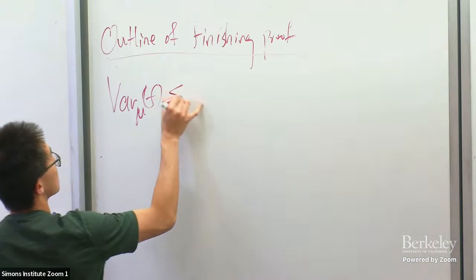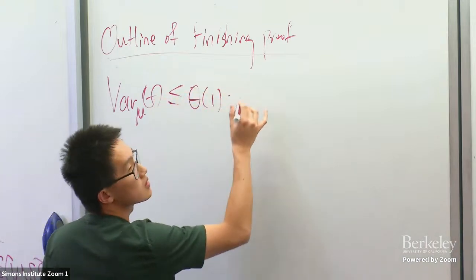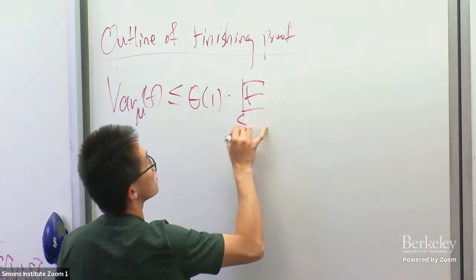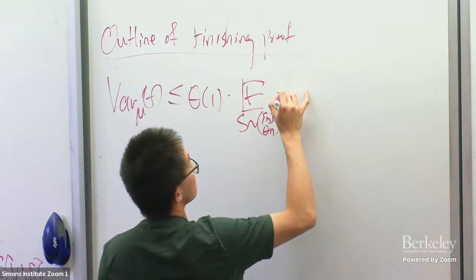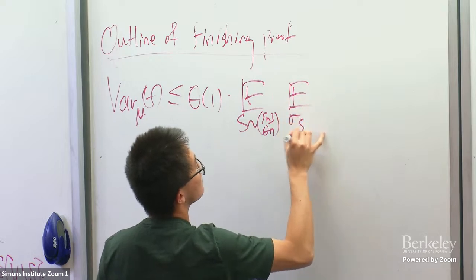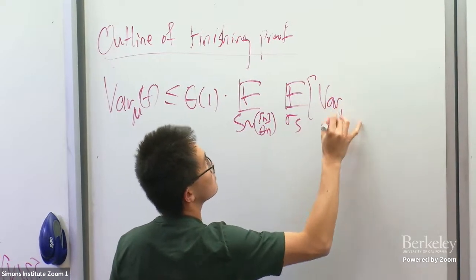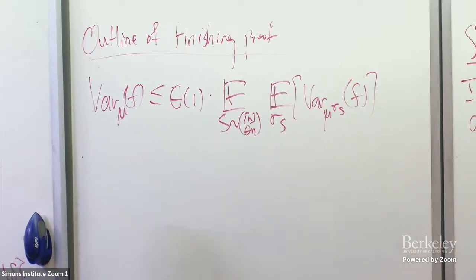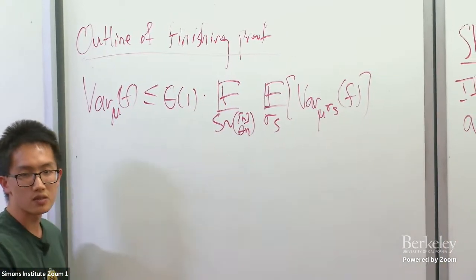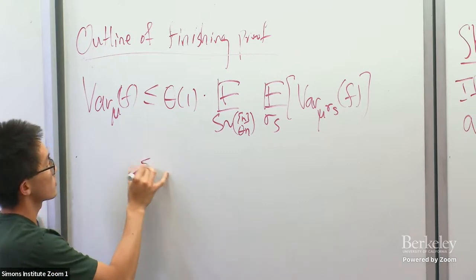Say it's upper bounded by a constant times the expectation over a random set of vertices of linear size. Now, everything's an expectation, so I'm going to do a shattering.